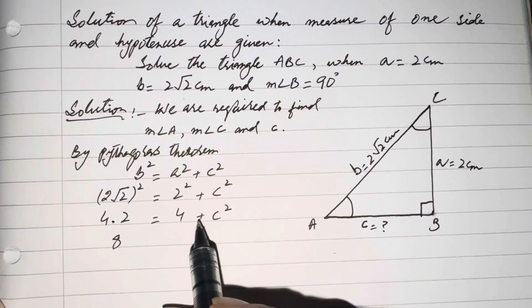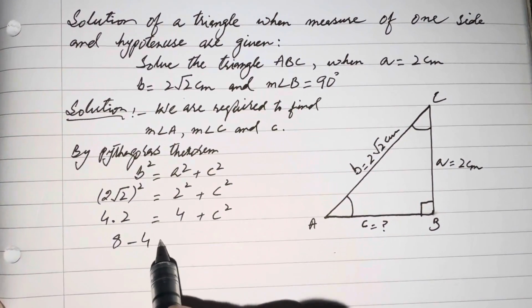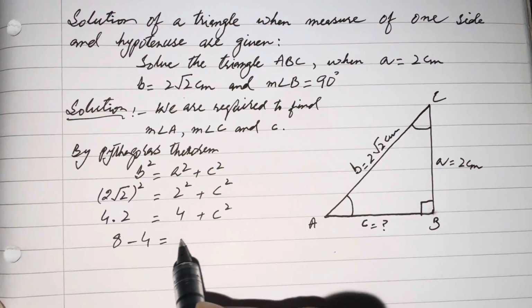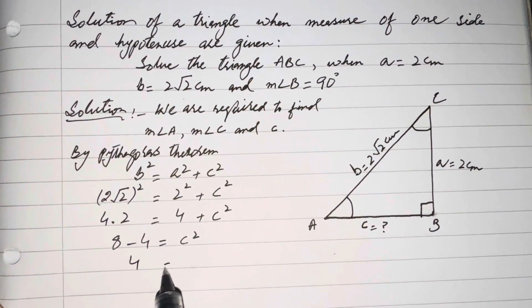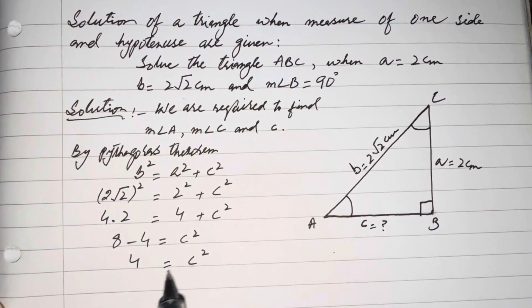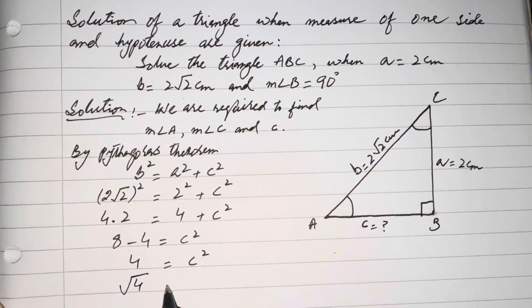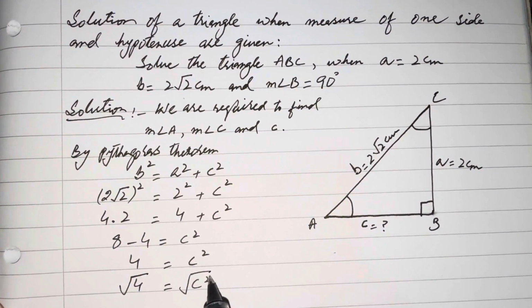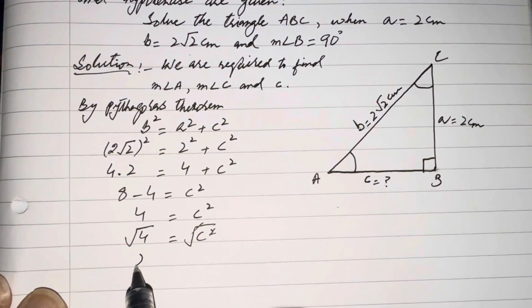Switch that 4 from the right hand side to the left hand side. So that will become negative. So that will become 8 minus 4 is equals to c square. So 8 minus 4 is equals to 4 is equals to c square. And by taking under root of 4 and c square on both sides, that will be cancelled with this one, and the under root 4 will be equals to 2.